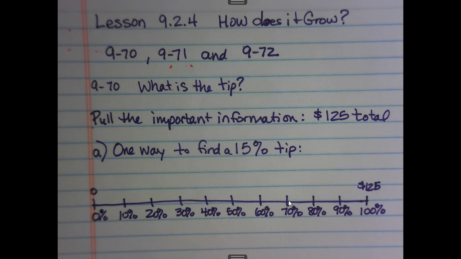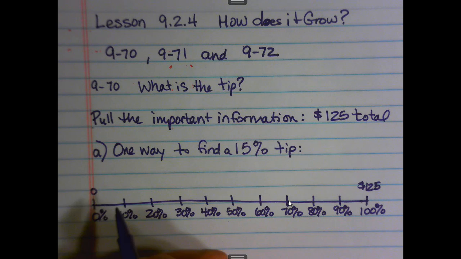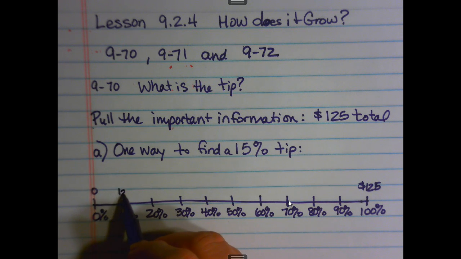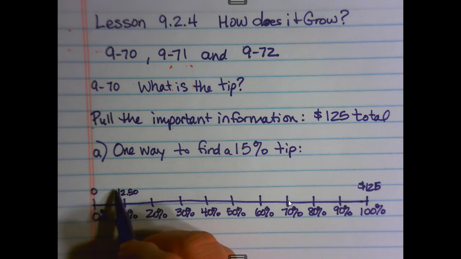Many of us in our math class can, in our head, without doing any calculation with a calculator or showing any math on paper, calculate 10% of $125, and that becomes $12.50.